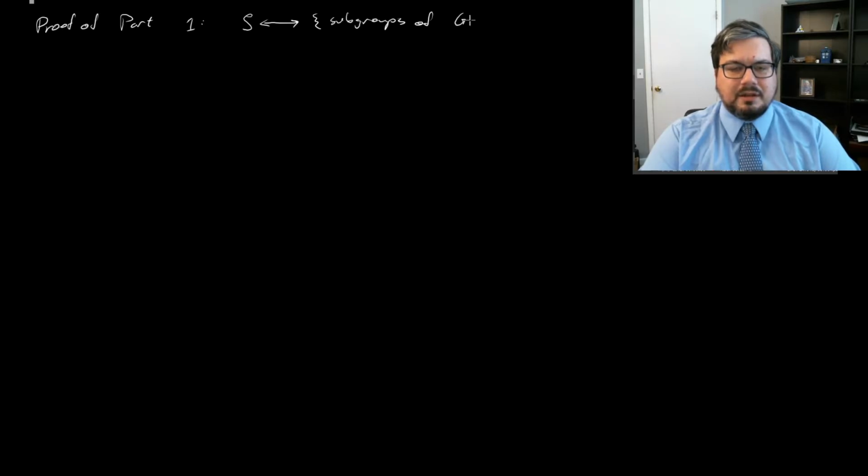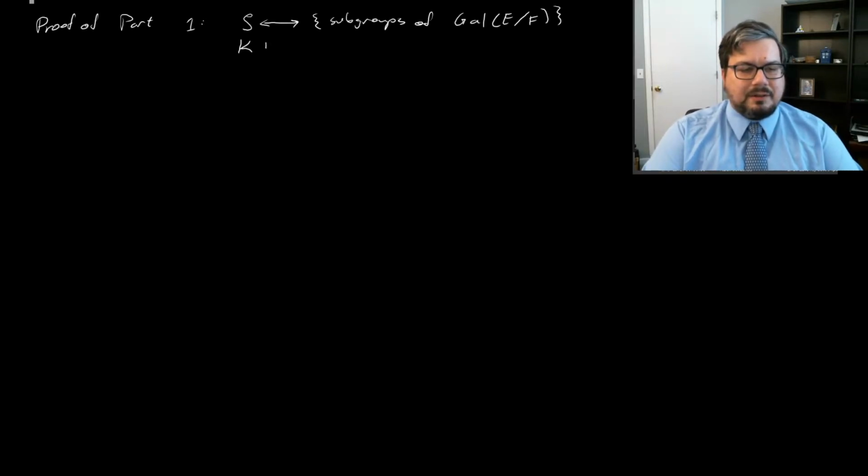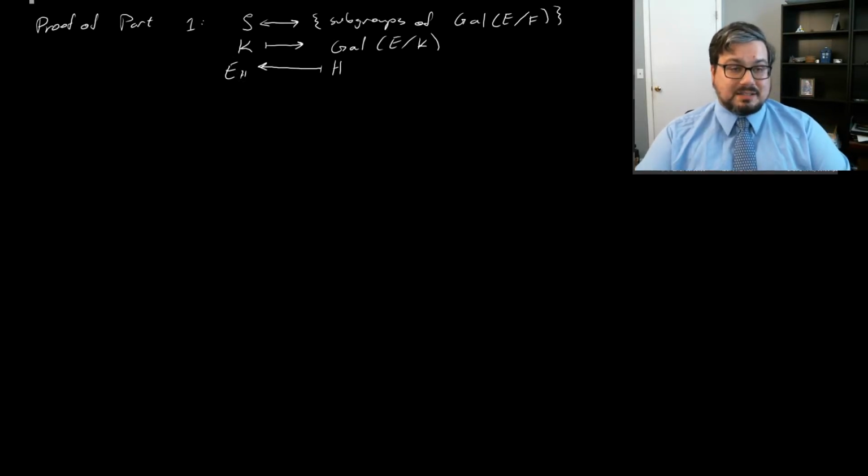So remember, part 1 said that we have this correspondence from S to the subgroups of the Galois group of E over F, which is given by a field maps to the Galois group of E over that field, and a subgroup maps to the fixed field of that subgroup.